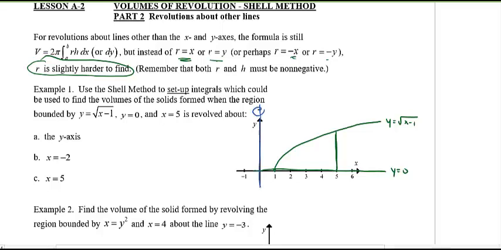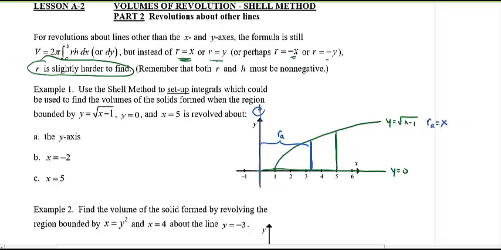Yeah, the y-axis. I'm going to take a representative element here, which is going to be parallel. That's why it's called the shell method. And then remember, it's 2 pi rh. So in this case, I'm going to call this r right here, r sub a for part A. And of course, I hope you can see that r sub a is just the x value, right?